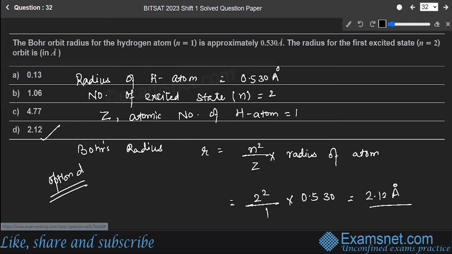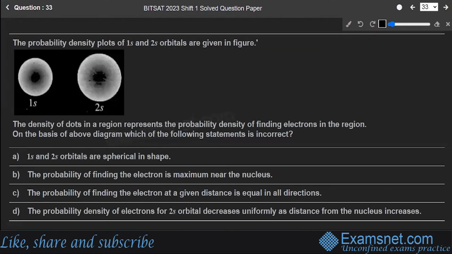Hope you understood that. Next is question number 33. The probability density plots of 1s and 2s orbitals are given here. The density of the dots in the region represents the probability density of finding electrons in that region. On the basis of the above diagram, which of the following statements is correct? Okay.